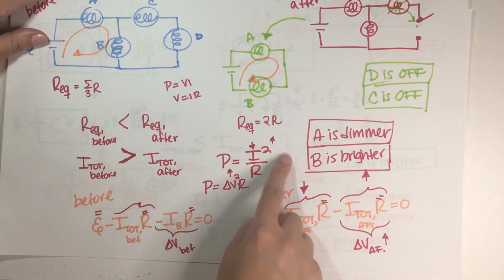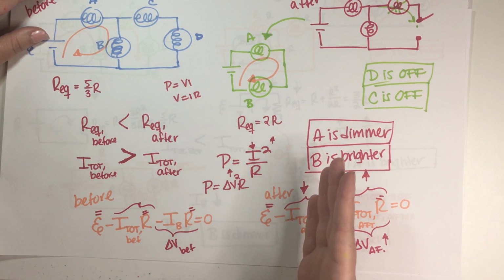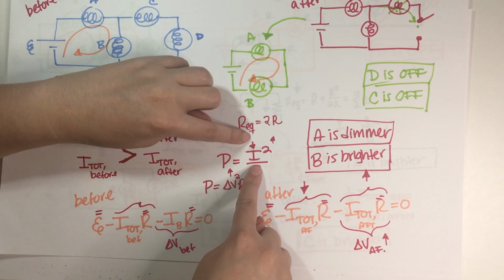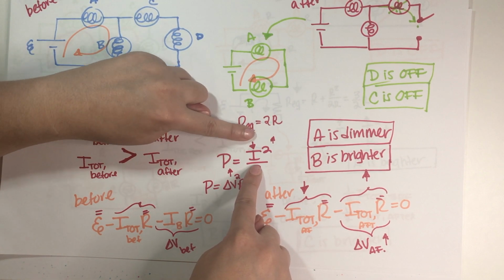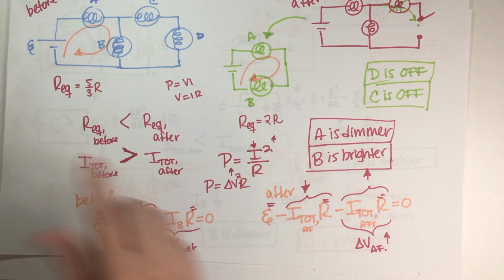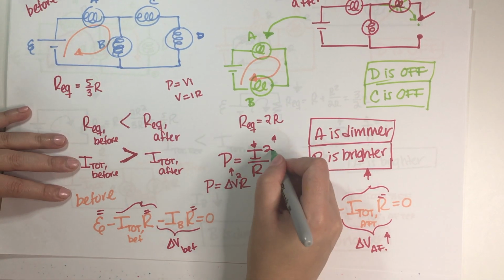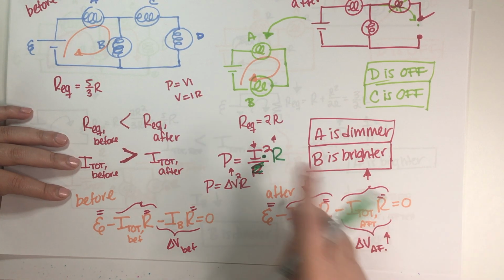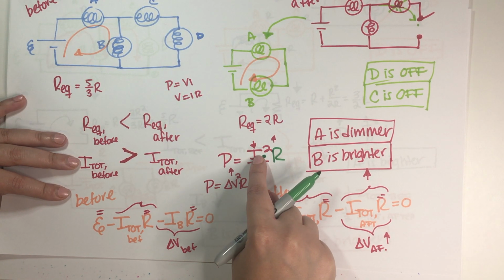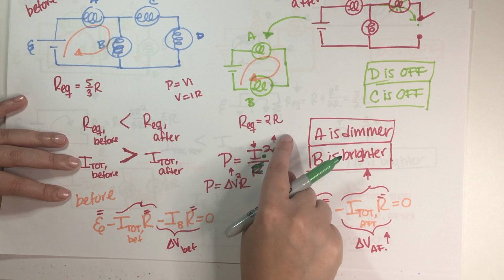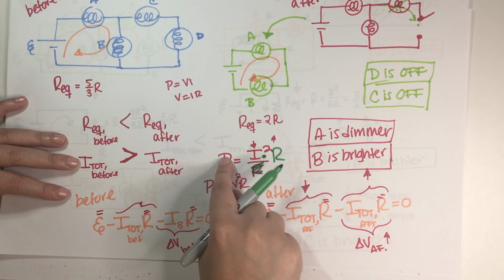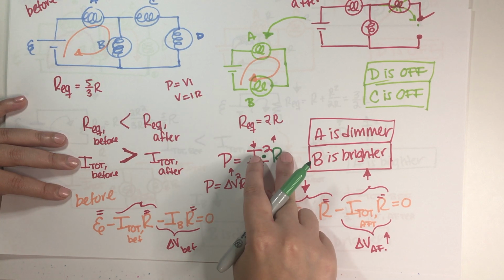Luckily for me, whenever I was using these equations, I honestly wasn't even looking at the R's. I was just looking at the current going up or down. So even if I had used I squared R, I would still be looking at whether the current increased or decreased, and that is directly proportional to P, regardless of where the R is.